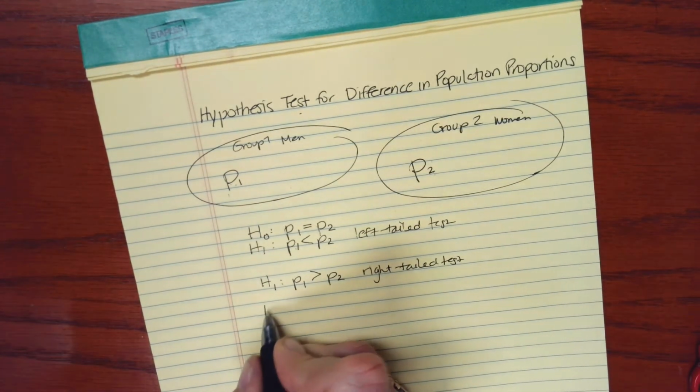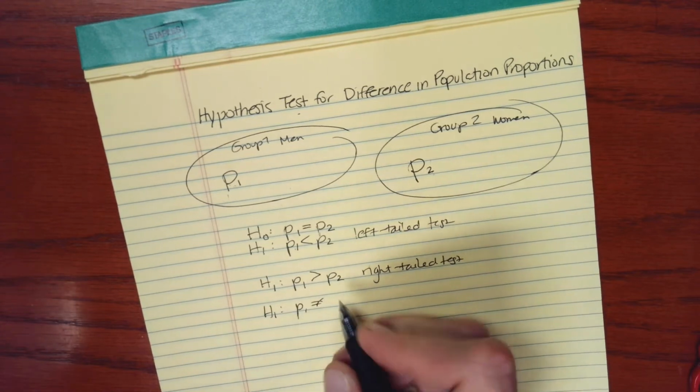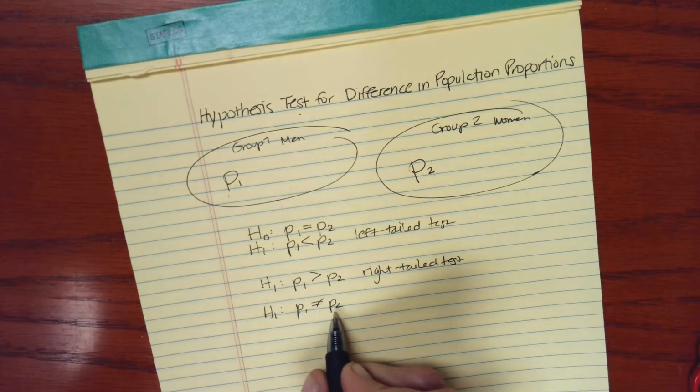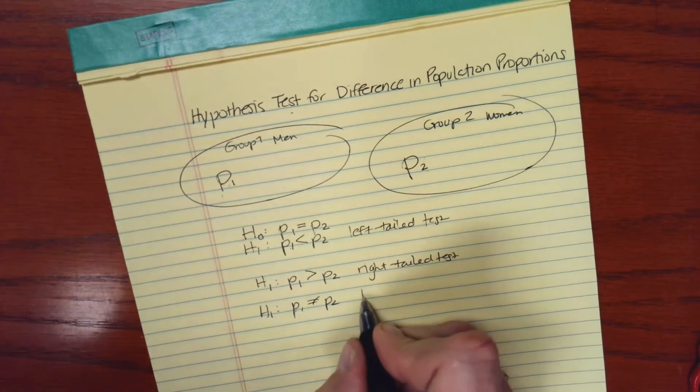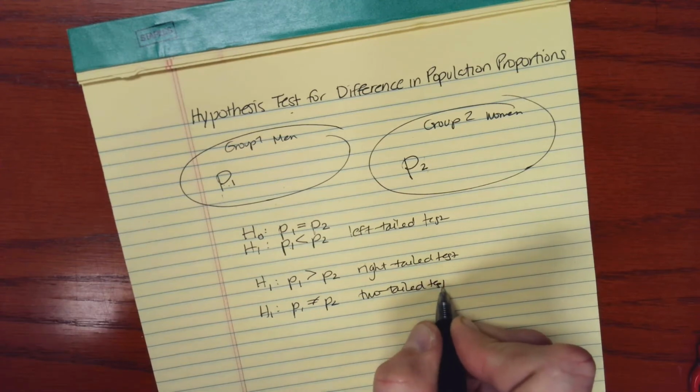And then finally, we have the two-tailed option, where we just say that the proportion in population 1 is different from the proportion in population 2. This is a two-tailed test.